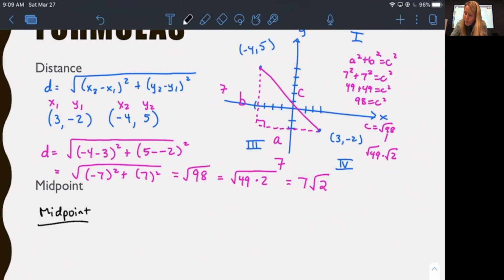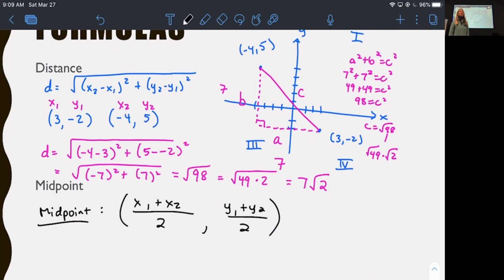So the midpoint formula says we want to find the middle of the x's. So you add up the 2 x's and you divide by 2, and that's going to give you the middle of the x's. To find the middle of the y's, you add the y's together and divide by 2, and that'll give you the middle of the y's.